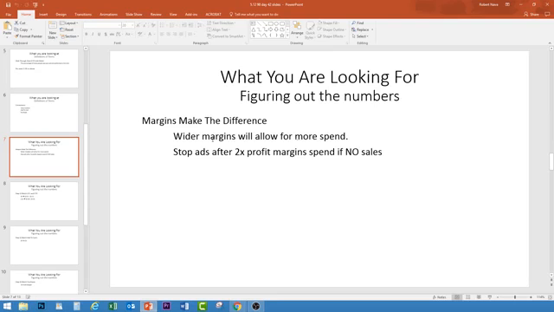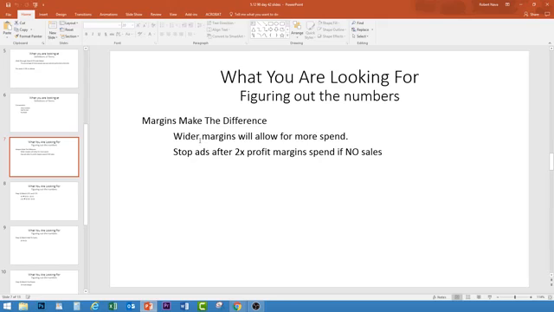So if you have a necklace that you're buying from AliExpress for, say, $2, and you're selling it on your store, maybe doing free plus shipping for $5.99 or something like that, so $6, you've got $4 margins. You could spend $4 and not get any sale, or maybe you could spend $3 and get a sale, and that will make you $1.